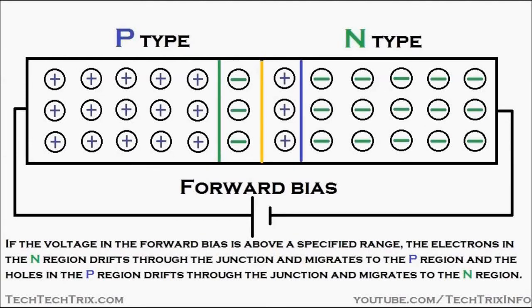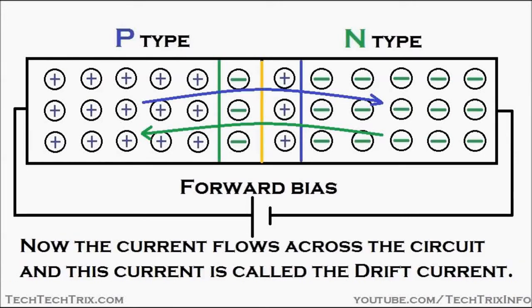If the voltage in the forward bias is above a specified range, the electrons in the N region drift through the junction and migrate to the P region, and the holes in the P region drift through the junction and migrate towards the N region. Now the current starts to flow across the circuit, and this current is called the drift current.